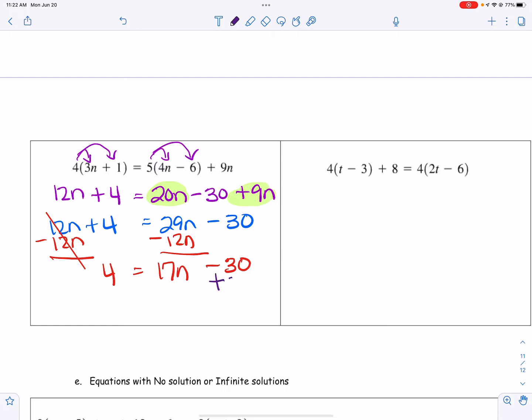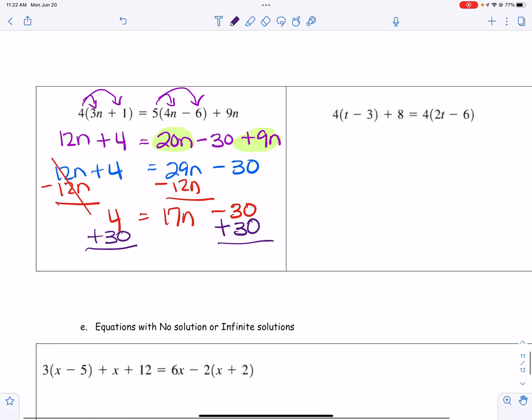I'm going to do the opposite of subtracting 30 by adding 30. And so now I get 34 is equal to 17n. Divide by 17, and n comes out to be 2.